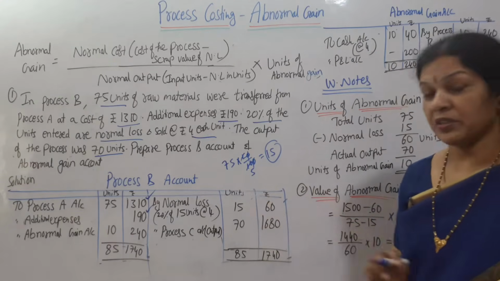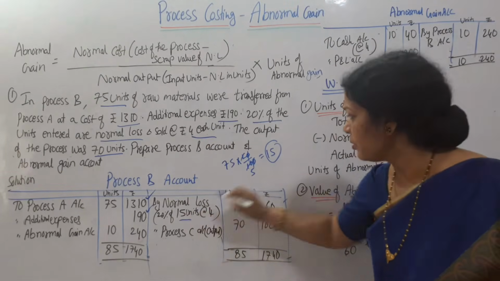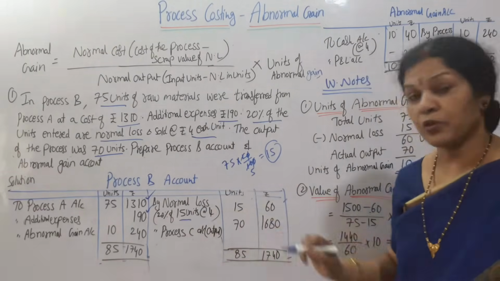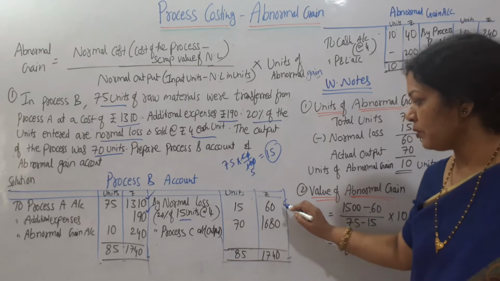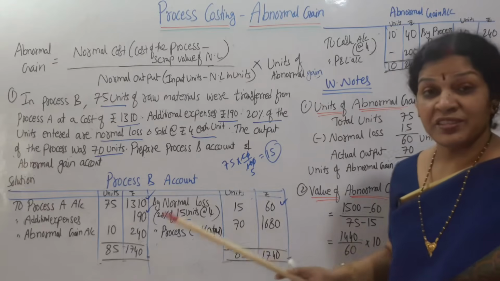So this is 15 units, at the rate of 4 rupees each. 15 into 4 rupees comes to 60. Now what else is there?